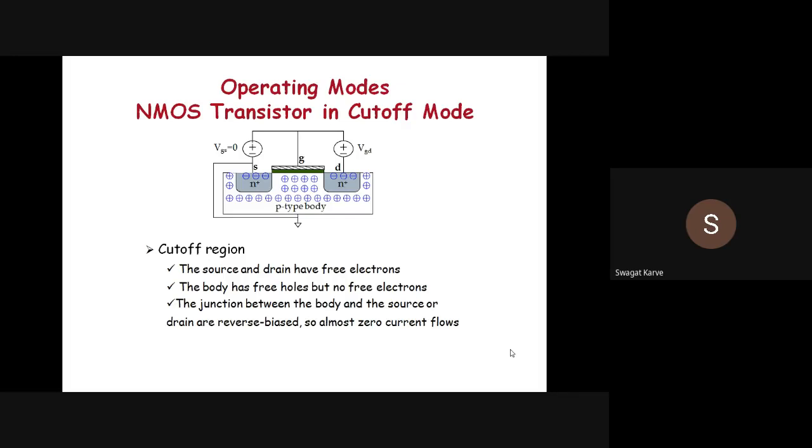These three are the basic operating modes of a MOS transistor. It doesn't matter whether it is an enhancement type or depletion type, every MOS transistor has these three basic operating modes.